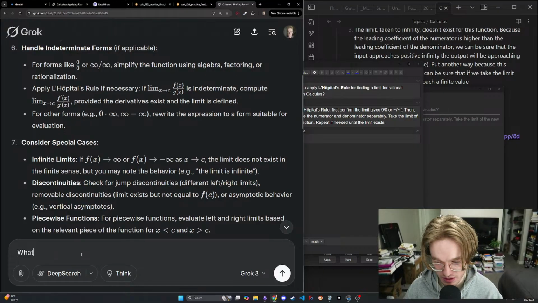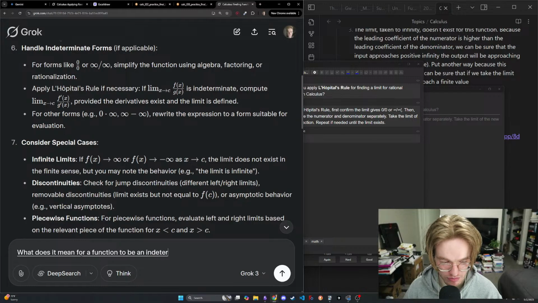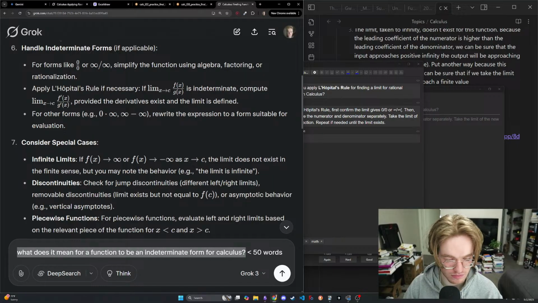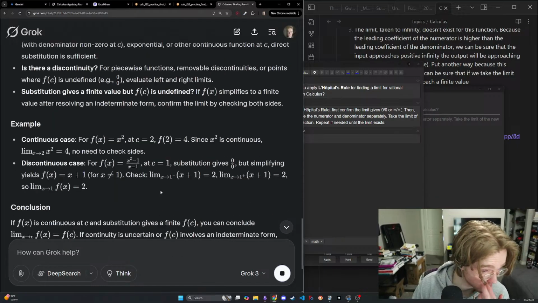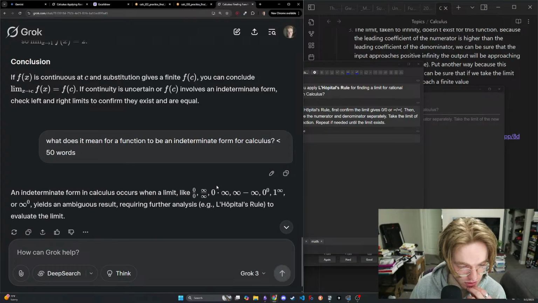What does it mean for a function to be in indeterminate form for calculus? And I assume that this indeterminate form is only in regards to calculating a limit.